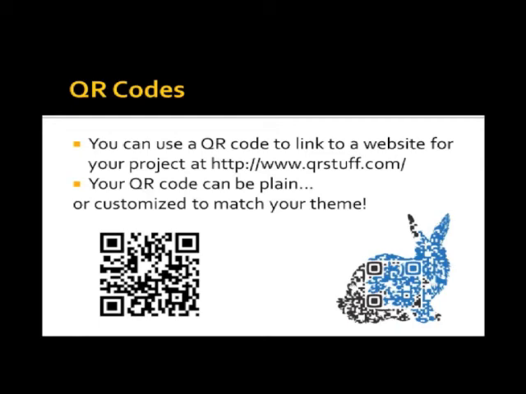So if you have an e-portfolio that you want to be sending people to, you can put that on there and link them up really quickly. Or if your project has a website that accompanies it, you can use that to create a connection. And keep in mind that QR codes don't have to be just a box shape. This QRstuff.com can tell you more about creating neat-looking QR codes.